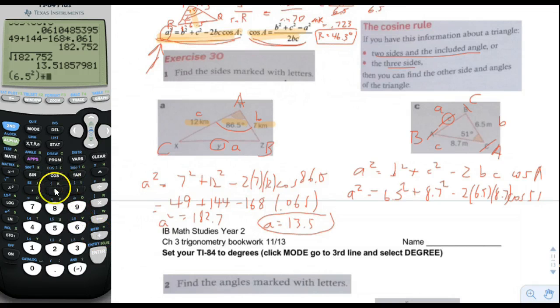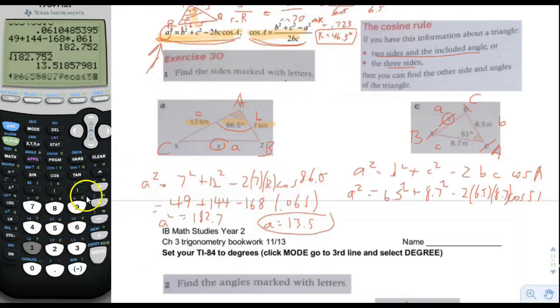6.5 squared plus 8.7 squared minus 2 times 6.5 times 8.7, and we're going to put parentheses around this too, times cosine of 51.